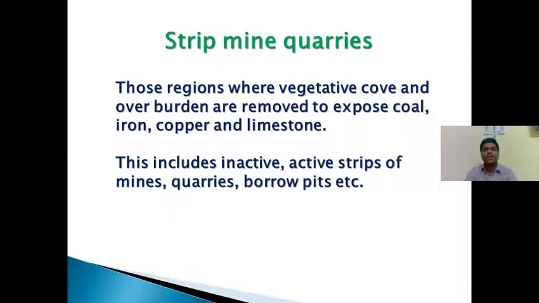For example, in the Konkan region or Ratnagiri district, we have quarries for chira production. For that chira production, the entire vegetation cover present on that land is removed, and this results in the production of barren land or barren space.